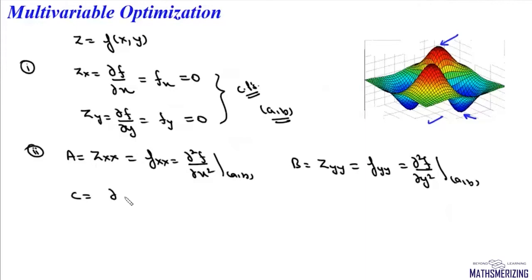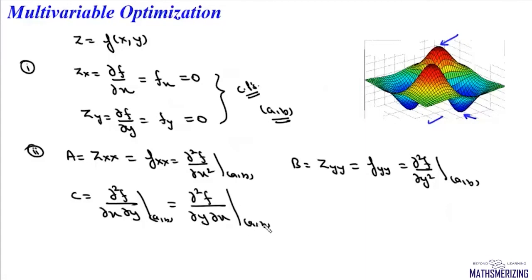So we'll write it as del square f del x del y at (a, b), and since we are talking about the points where this function is differentiable, it'll be equal to del square f del y del x at this point (a, b).